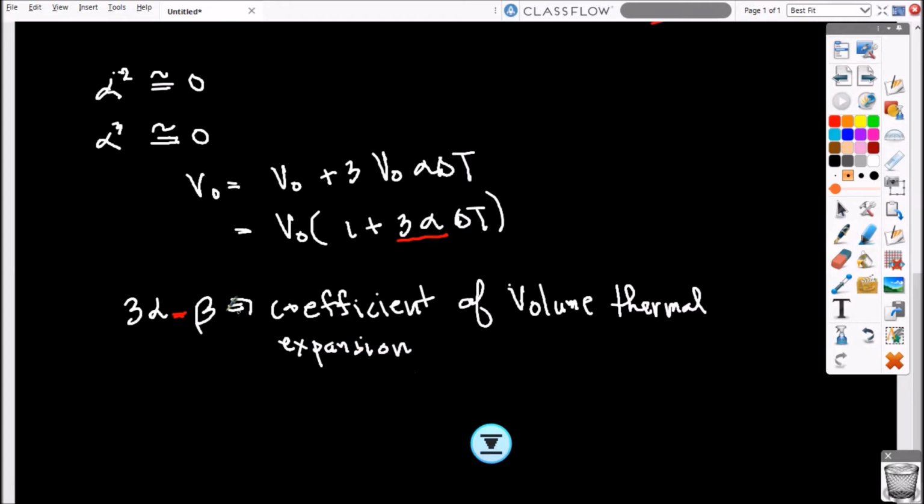Right? So that's 3 times alpha is beta, and that is the coefficient of volume thermal expansion.